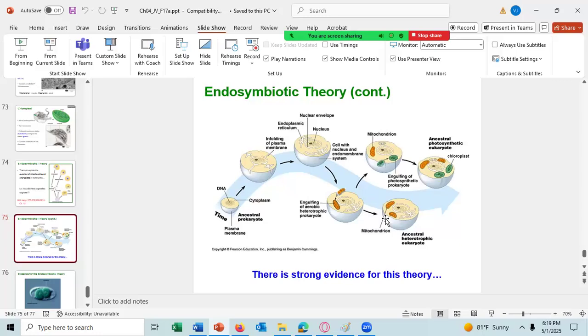I think this is a bacteria that can engage in nitrogen fixation.